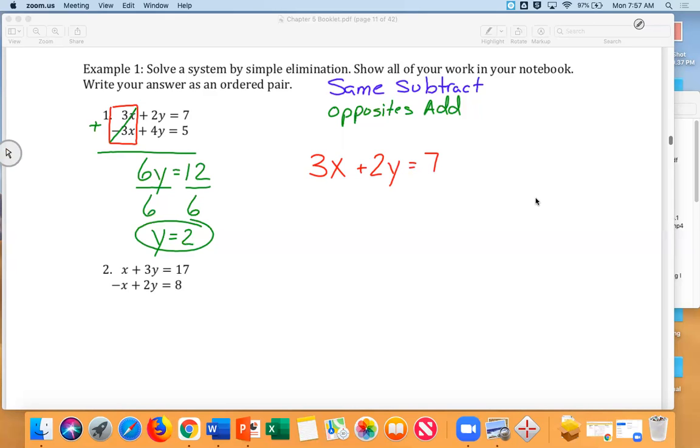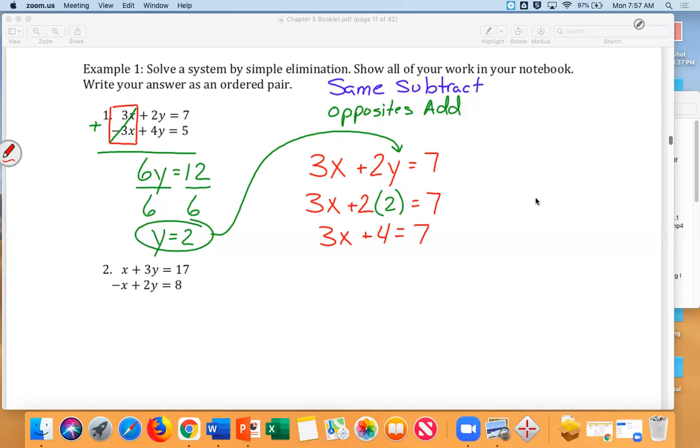And what I'm going to do here is draw my arrow, just like I did in the last one, to the y. And I'm just going to plug in 2 for y. So I have 3x plus 2 times 2 equals 7. Well, 3x plus 4 equals 7.